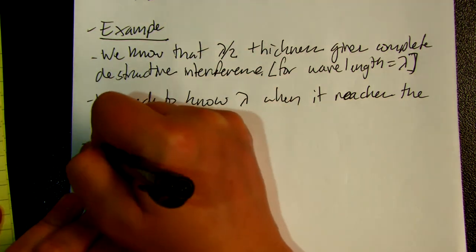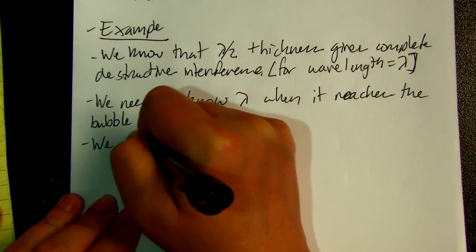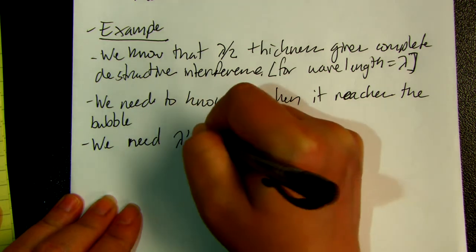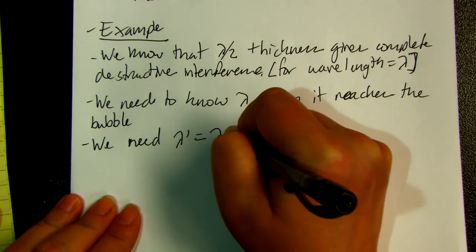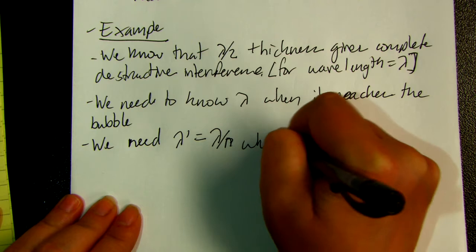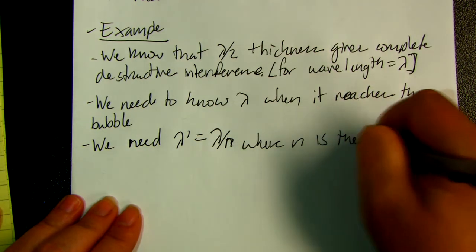And we're going to need lambda prime, which is equal to lambda over n, where n is the index of refraction.